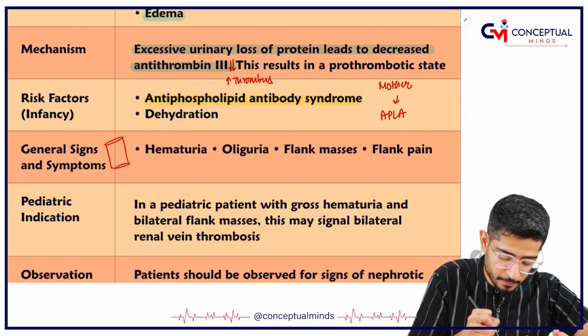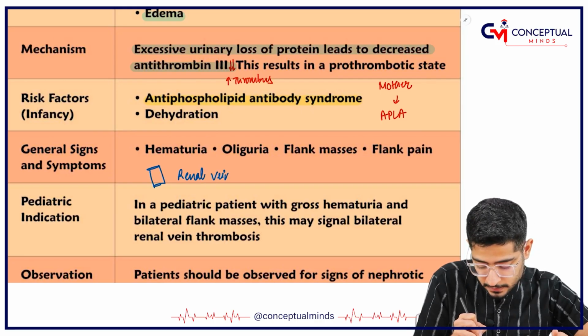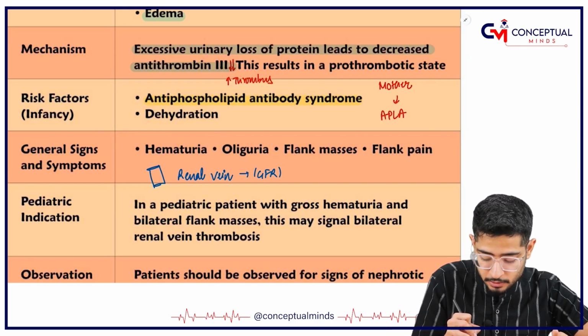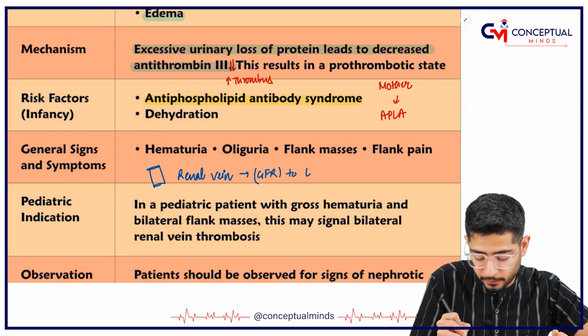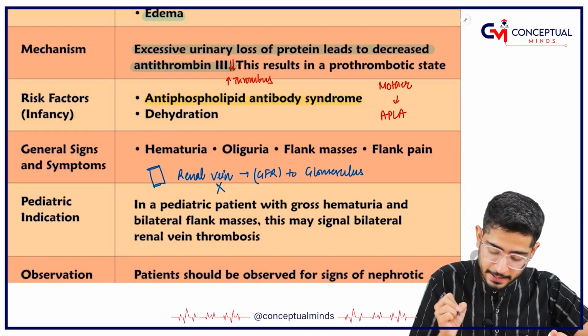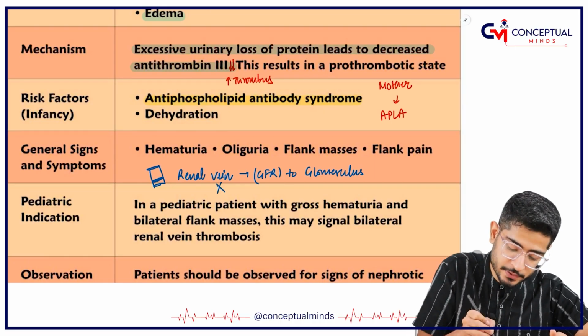Let me teach you like this. If there is a thrombus in the renal vein, and the renal vein is responsible for blood flow to the glomerulus, the Bowman's capsule, then if there is no blood supply, here is the obstruction.